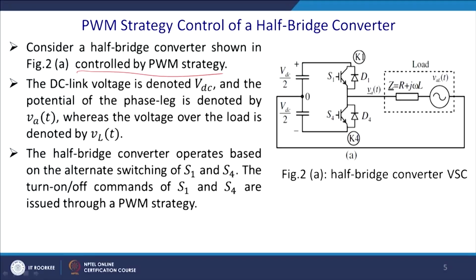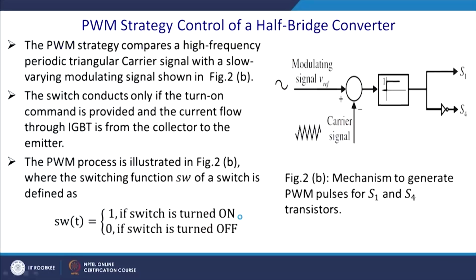So, half bridge converter operates based on the alternate switching of S1 and S4. The turn on or turn off commands of S1 and S4 are given through the PWM strategy. So, this is S1 and S4.